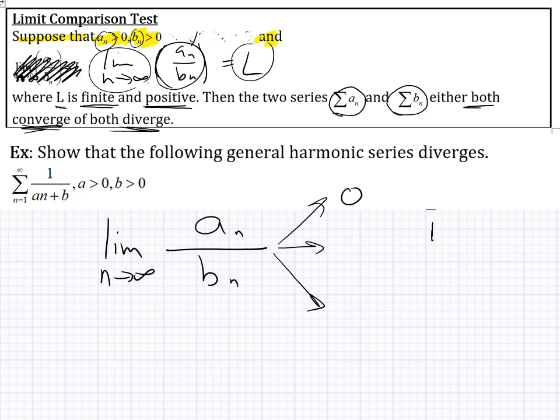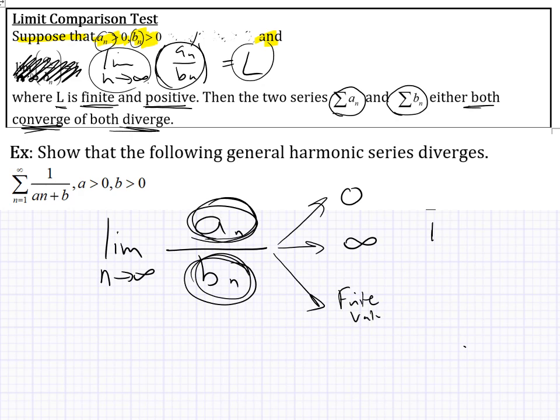We would get 0 if the denominator is growing faster than the numerator. Another option is infinity. And that would happen if the numerator is growing faster than the denominator. And the third option is we get some finite value. And that would happen if these both are growing at the same rate.